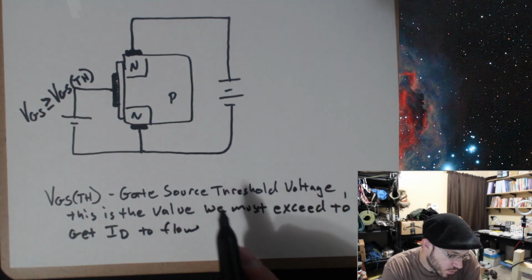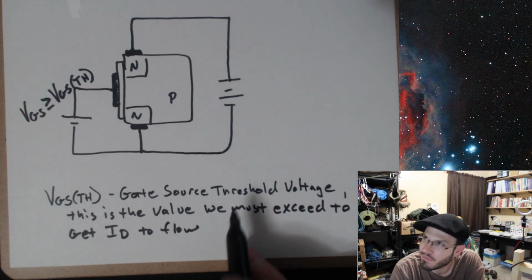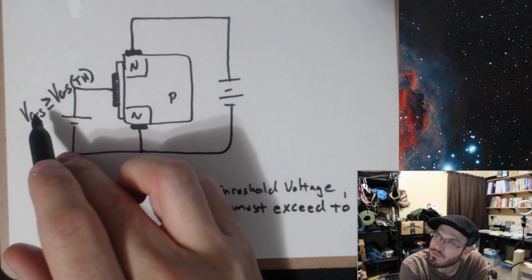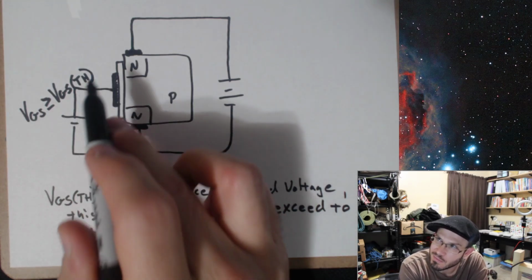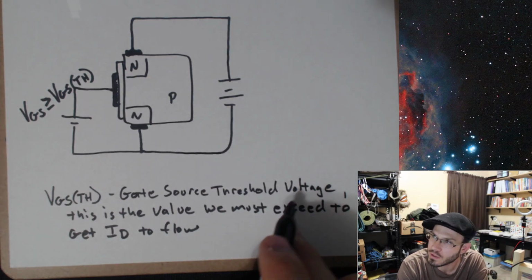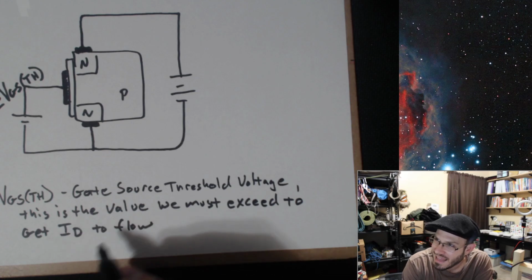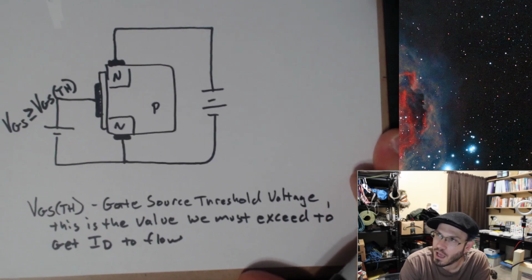Okay, so the gate source threshold voltage is the value that we must exceed. The value that VGS, the voltage between the gate and the source, must exceed or must be greater than this threshold gate source voltage in order to get the drain current to flow.